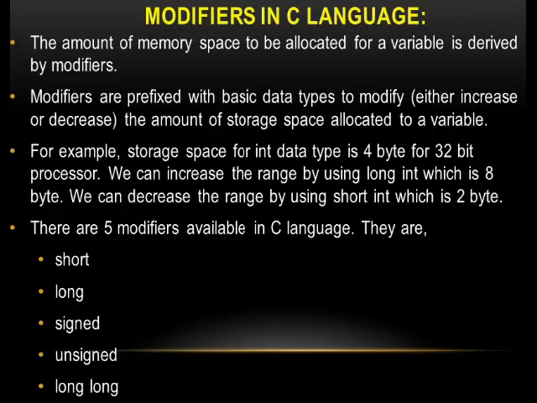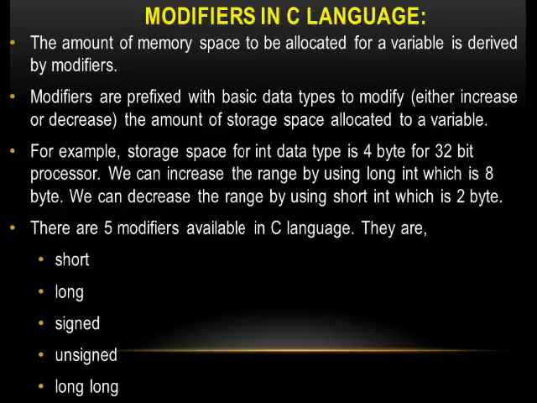Suppose you want to increase or decrease the storage for a particular variable, you can prefix a modifier to the data type to increase or decrease the storage space allocated to that variable.